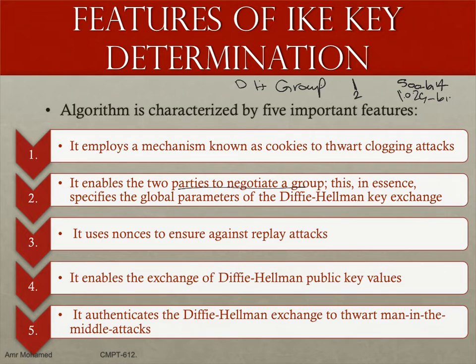A nonce is just a random number which is sent at the beginning of the communication, or at the beginning of the authentication, to mitigate the replay attack. And then it enables also the exchange of the Diffie-Hellman public key. And then finally, it authenticates the Diffie-Hellman with some certificate to resolve the man-in-the-middle attack.